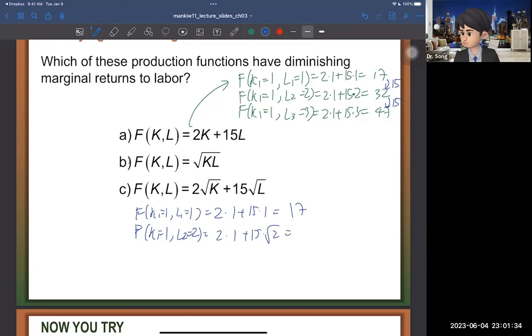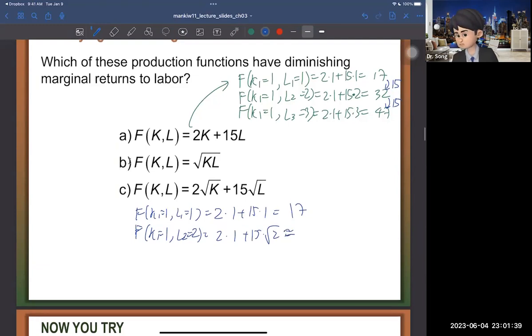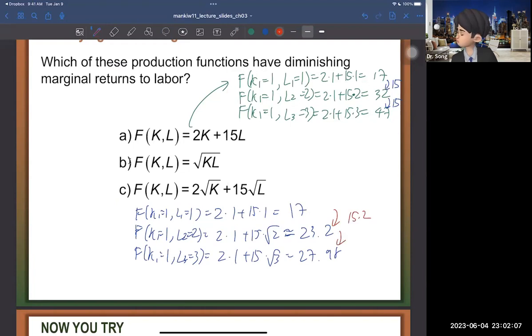I'm using a calculator to check the number. So this one is approximately 23.2, okay? And then when you have 1 more worker, now you have 3 workers. So square root 3 is 1.73 something times 15 plus 2, then I have about 27.98.